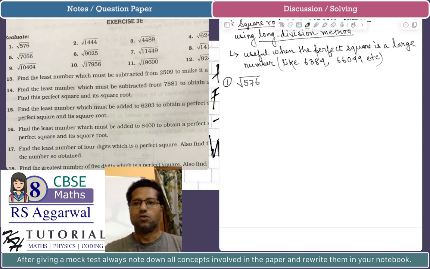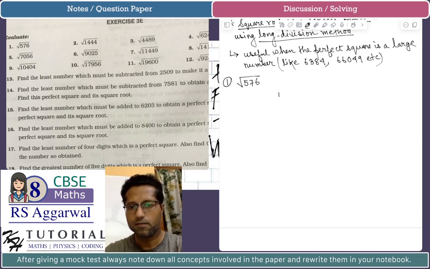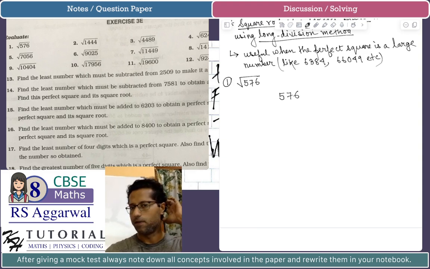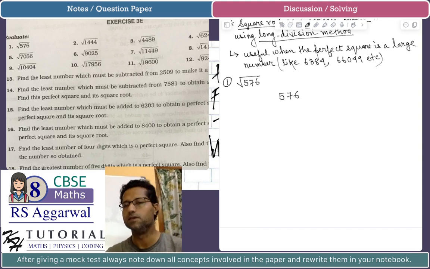So what are the steps? The given number is 576. You create pairs of digits of this number, taking from the right hand side.